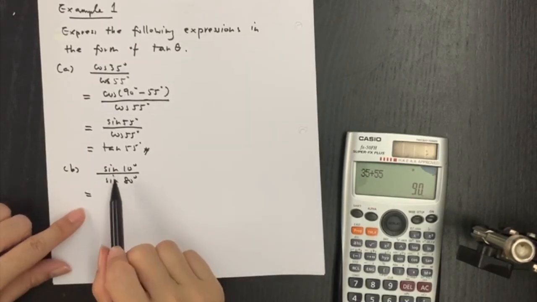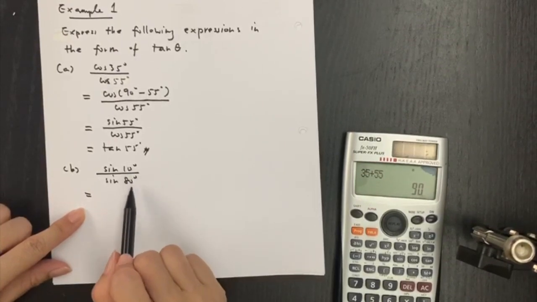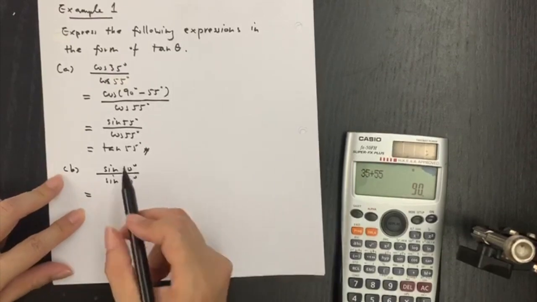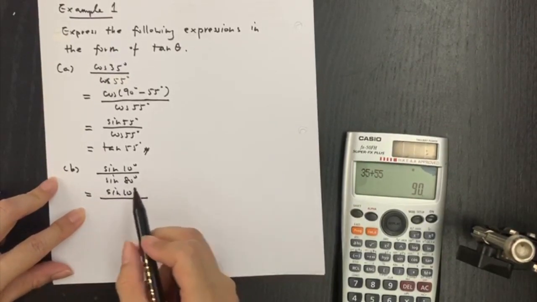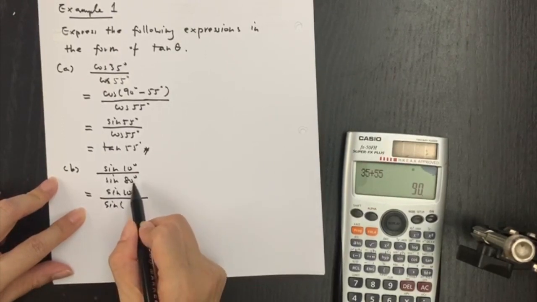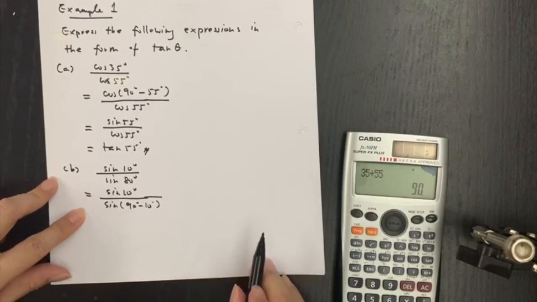Okay, so next we have sine 10 over sine 80, and 10 plus 80 is 90, so these two are also complementary angles. This time I keep the sine on top, and now I change sine 80 here. 80 is 90 minus 10, right? Agree with me?